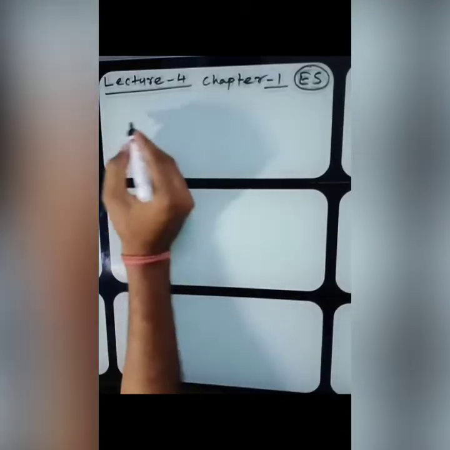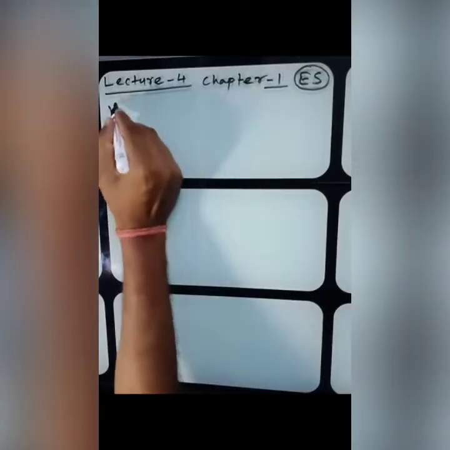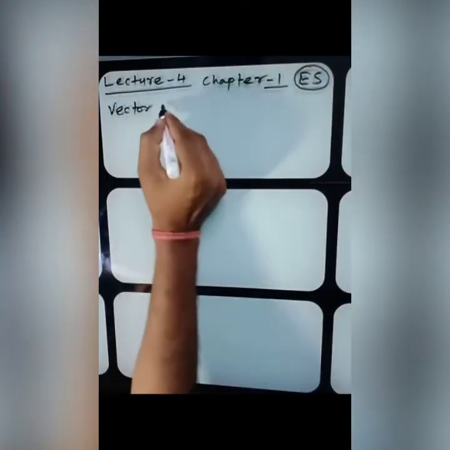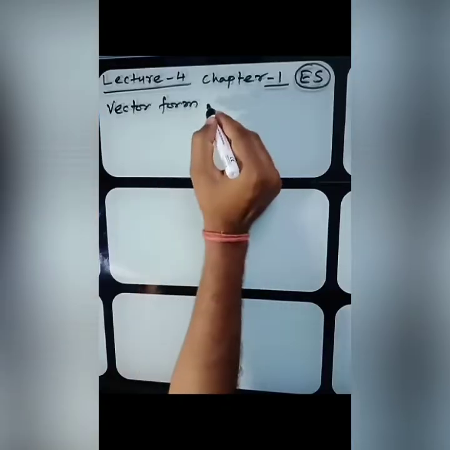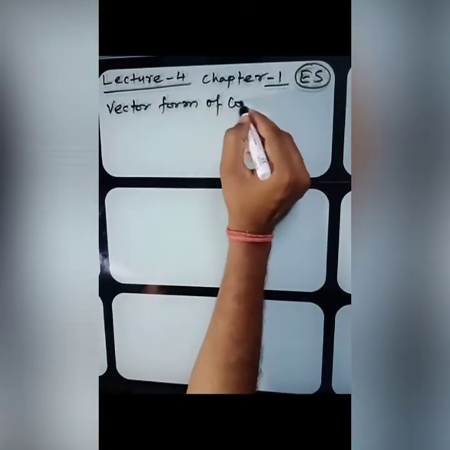In this lecture 4, students, let me start now. Vector form of Coulomb's law.